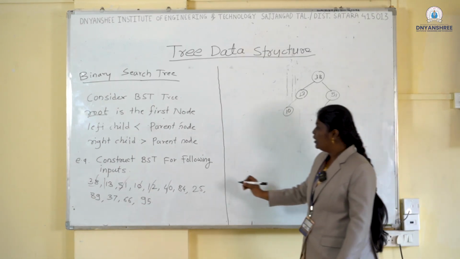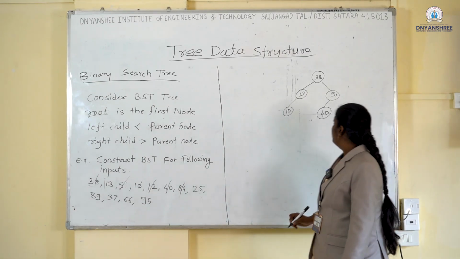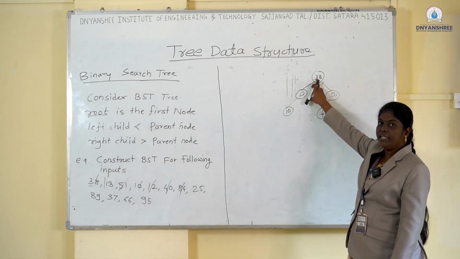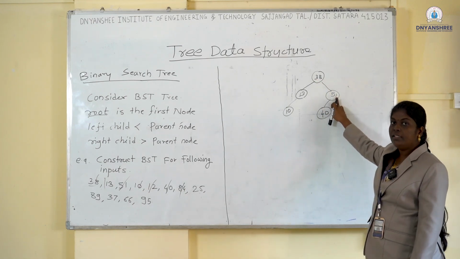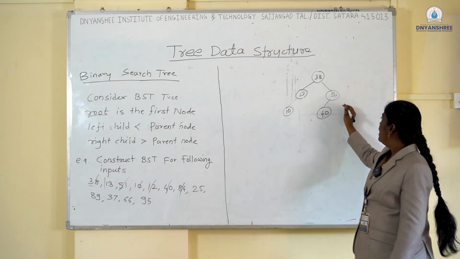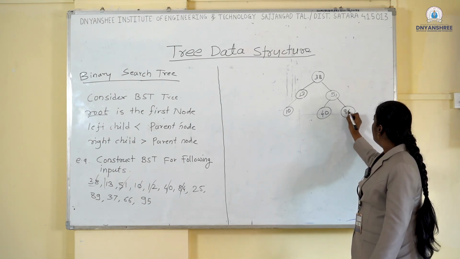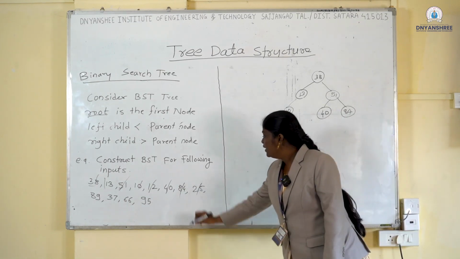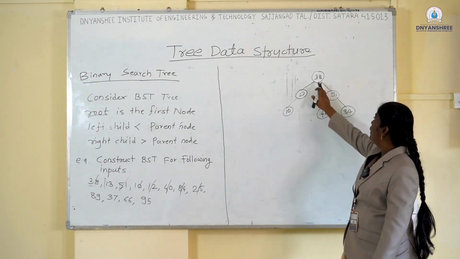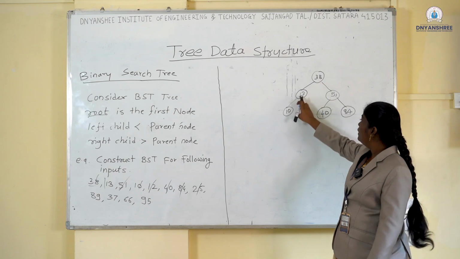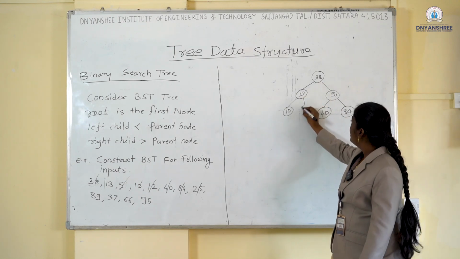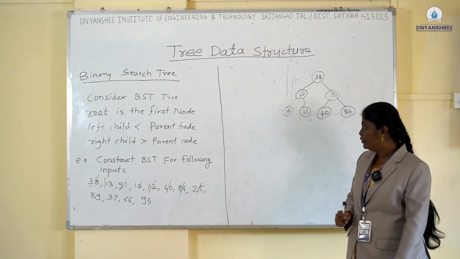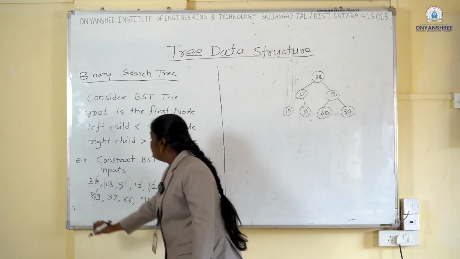Similarly we can insert 84. Where will be the place for 84? 84 is compared with 38, right subtree. Again 84 is compared with 51, and finally it becomes the right child of 51. Similarly the next node is 25. 25 will be compared here, then here, and it will become the right child of node 13, that is the parent node.